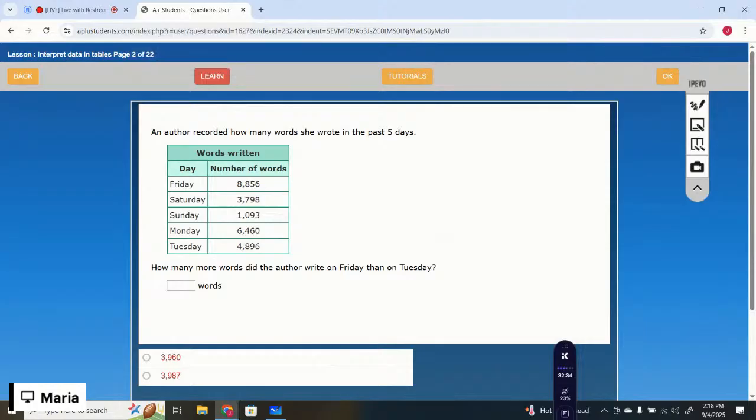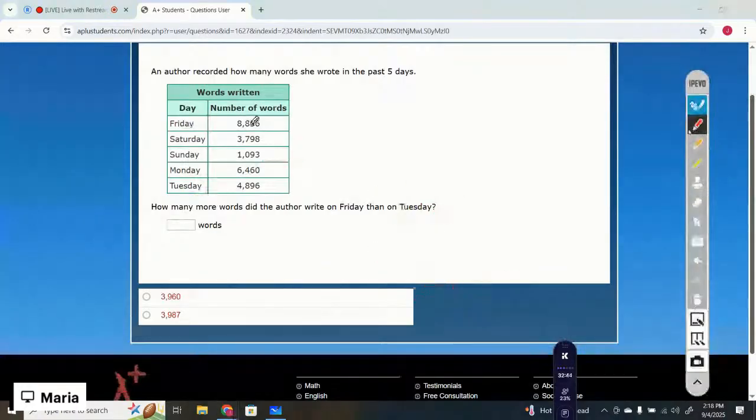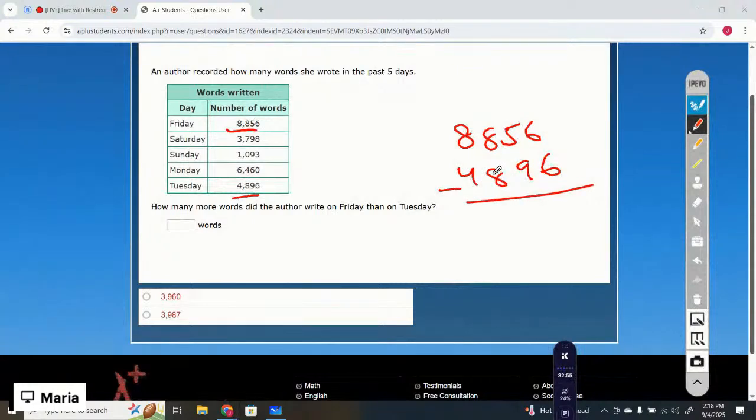An author recorded how many words she wrote in the first 5 days. How many more words did she write on Friday than on Tuesday? On Friday she wrote 8,856, and on Tuesday she wrote 4,896. 6 take away 9, borrow, 15. 17 take away 8 is 9. 7 take away 4 is 3.